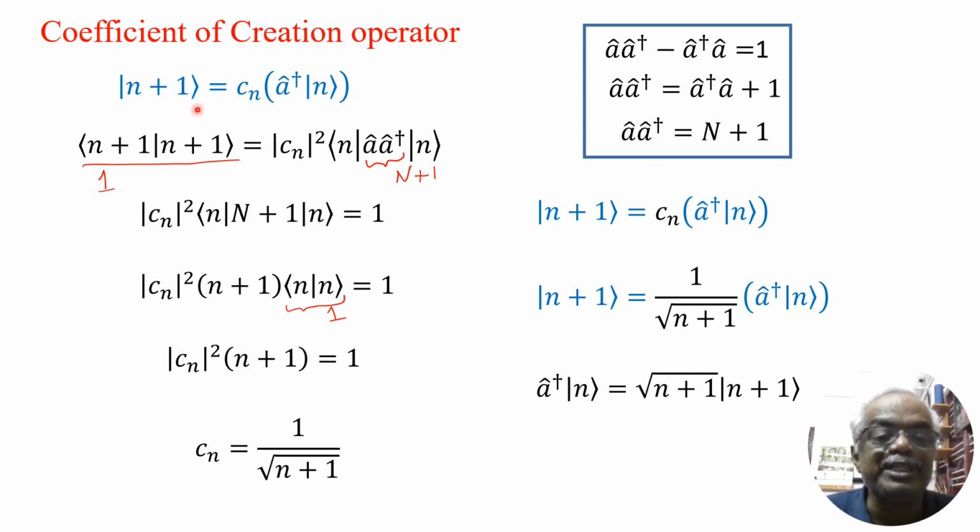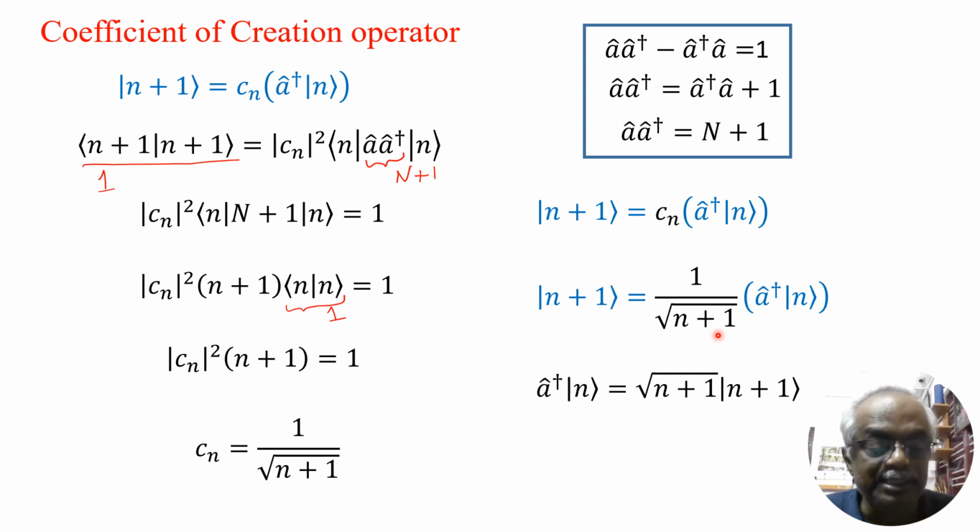So here you take the first equation: |n+1⟩ is equal to Cn a†|n⟩. Cn, we have seen just now, is 1 over the square root of n+1, times a†|n⟩. Now you bring this denominator to the right-hand side.